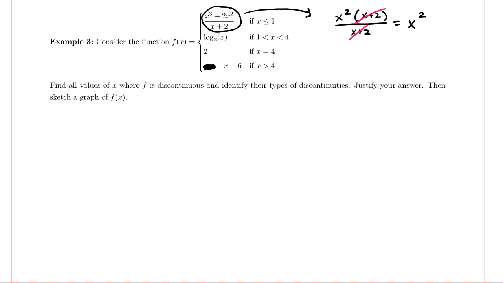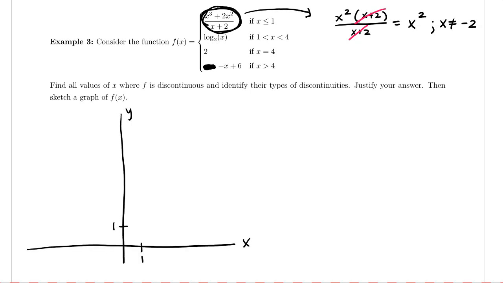In order for functions to be equivalent, they must have the same domain and the same range. So I need to caveat this and say that x cannot equal negative 2, because in the original rational function here, if I plugged in negative 2, then we would have division by 0.